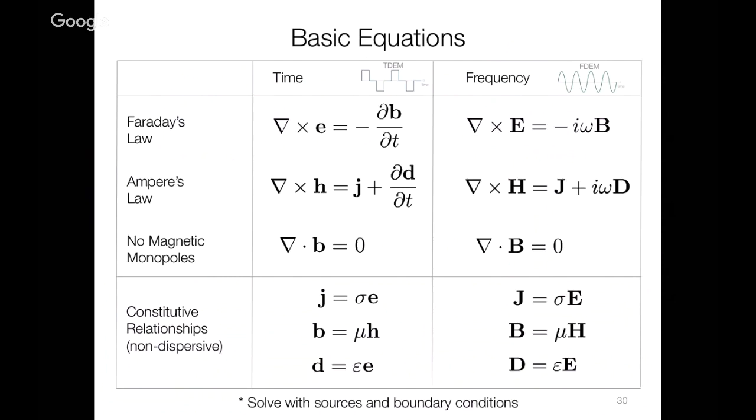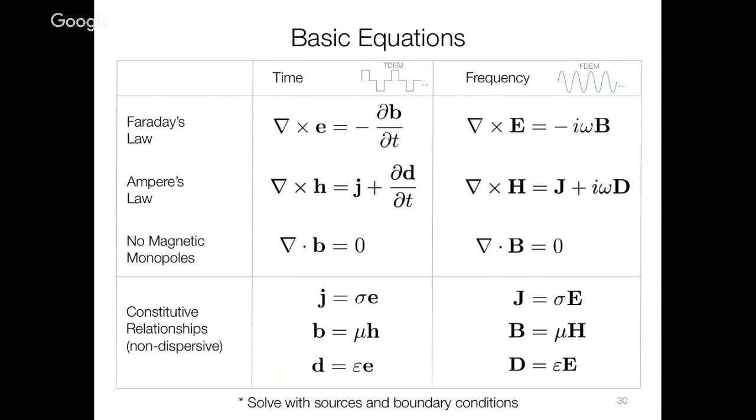That's called Faraday's law. That's going to be the basis for EM induction, for any kind of loop or airborne surveys. This is at the heart. Then Ampere's law: a current is going to generate a magnetic field.